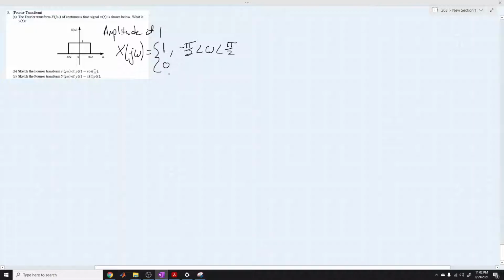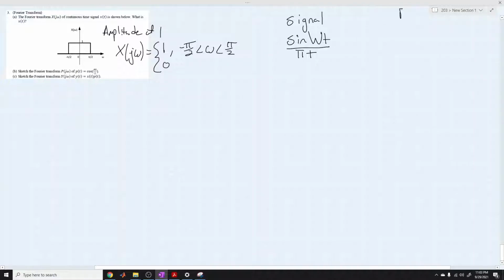Now, if you look at table 4.2, it's two-thirds of the way down or so. We have the signal sine of capital W t over pi t.